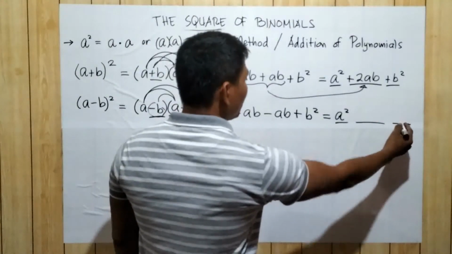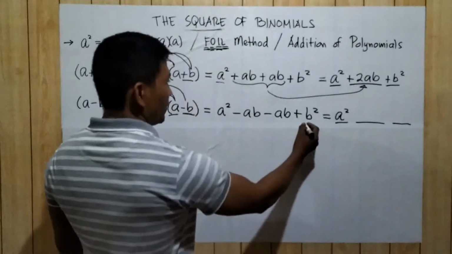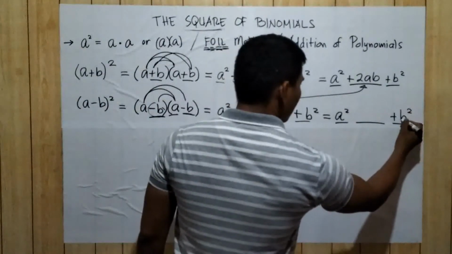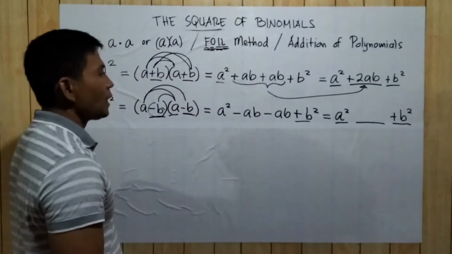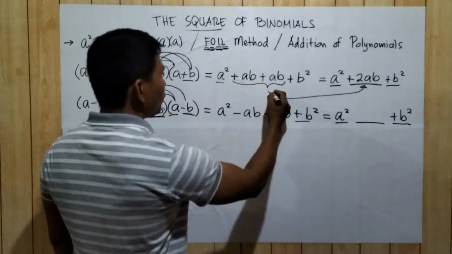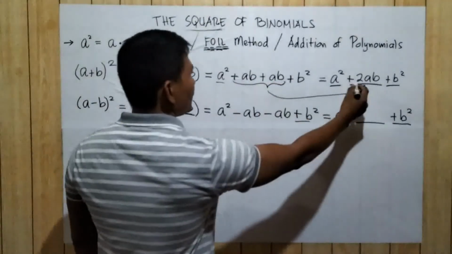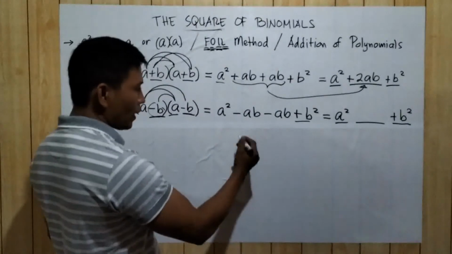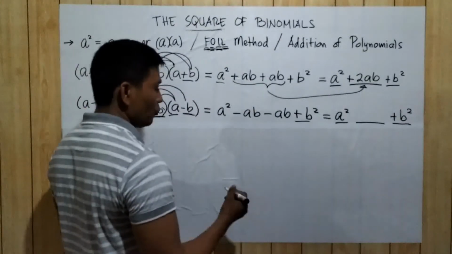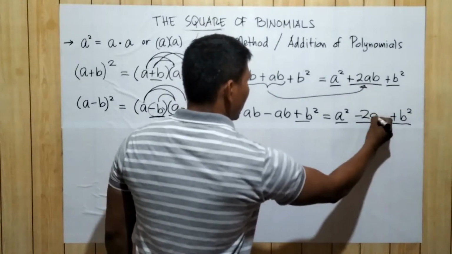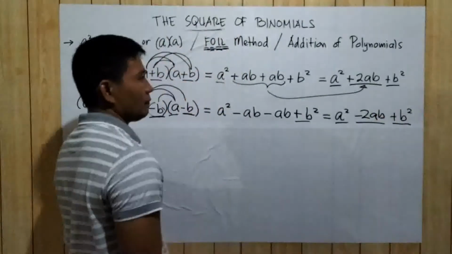Tapos yung third term po muna natin, we have B squared, positive B squared. Okay? Tapos, again, kung kinumbine po natin kanina ang parehong positive AB at nagiging positive 2AB, kukumbine din po natin ang dalawang negative AB, which results to negative 2AB din.